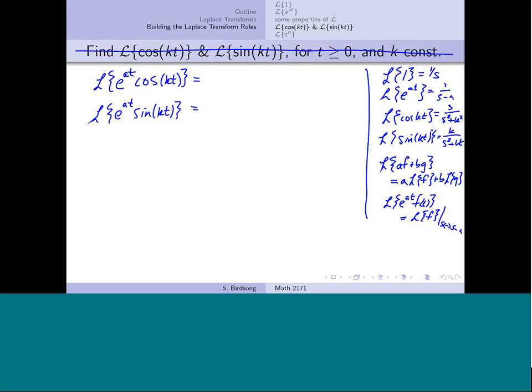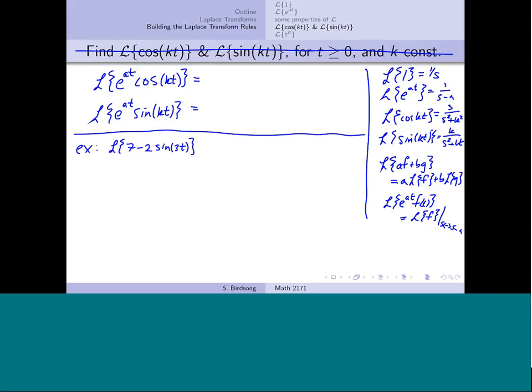Any guesses what we would do to find those two rules? And there's utter silence. Ooh, yes.